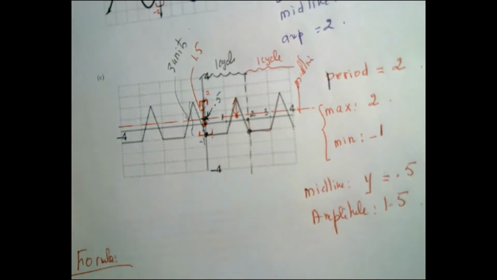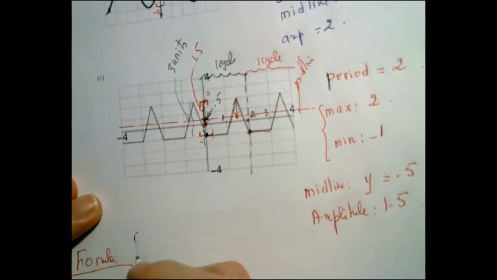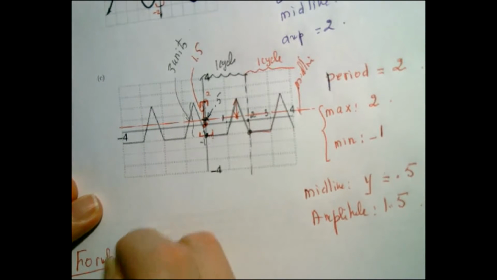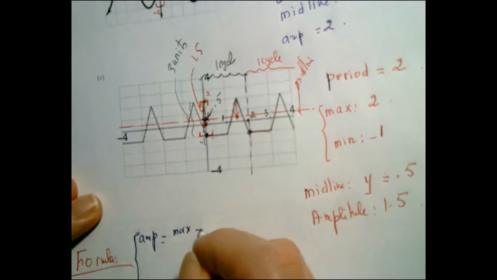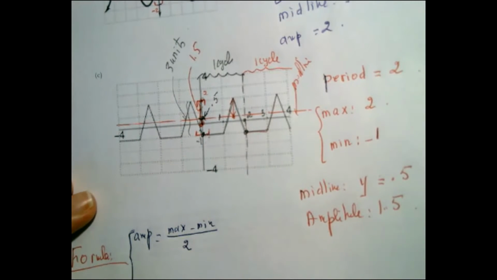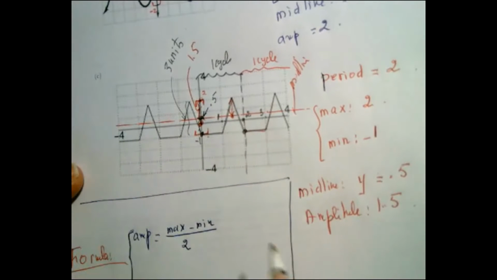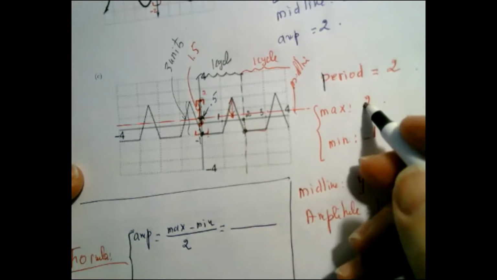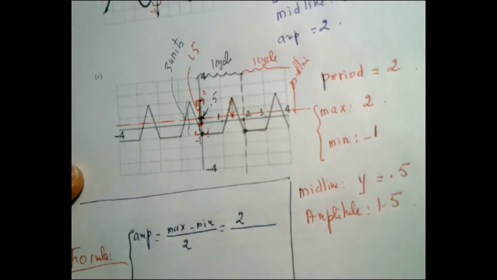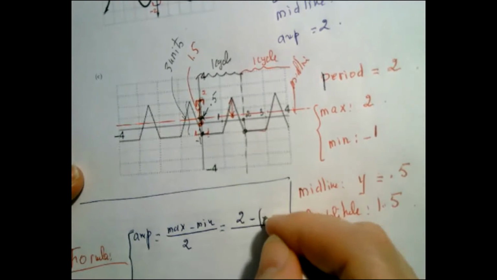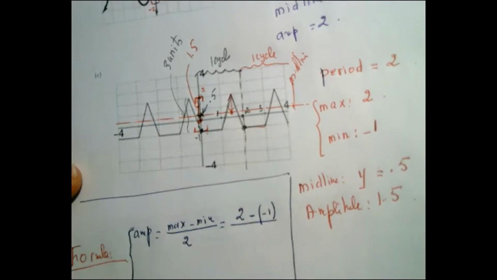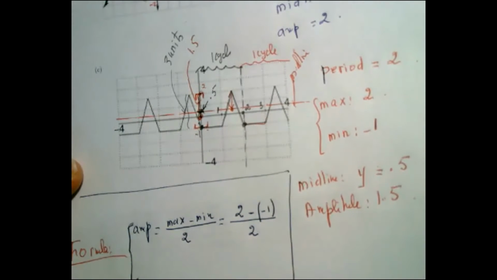Okay, I rewrite them, and then I will use the formula to figure out the max and the mean. The formula tells me that the amplitude is the max minus the mean, divided by 2. Let us apply them in this context: the max is 2 minus the mean, minus 1, divided by 2.